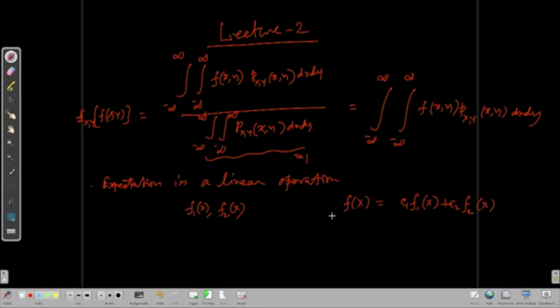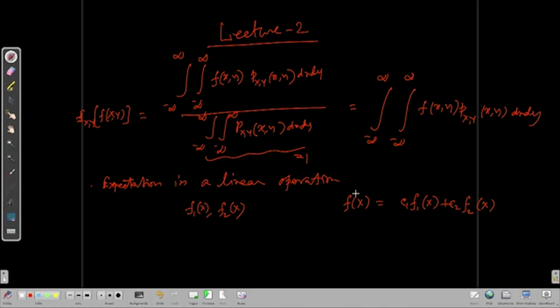So again, this is a random function, because every time I observe capital X, this takes a value, this takes a value, so the linear combination takes a value. Next time I conduct another experiment, this takes a different value, this takes a different value, and again the combination takes another value. So this function is also random.